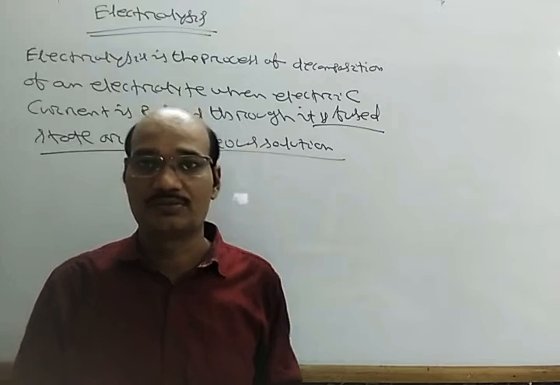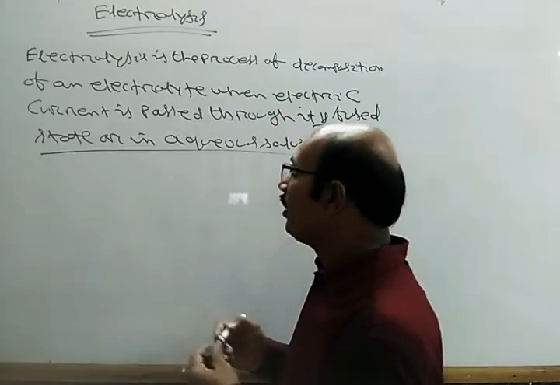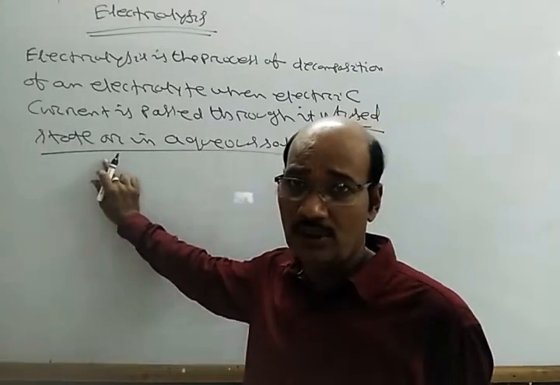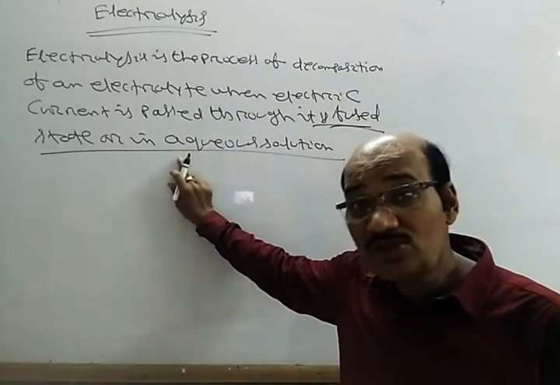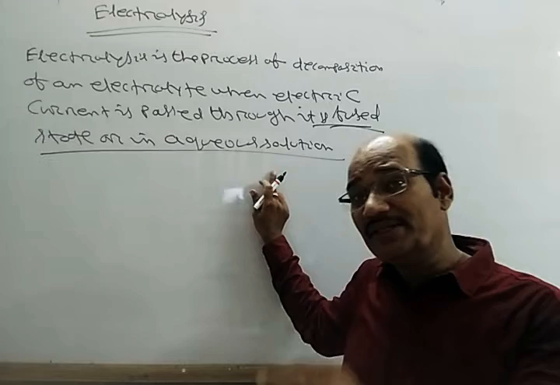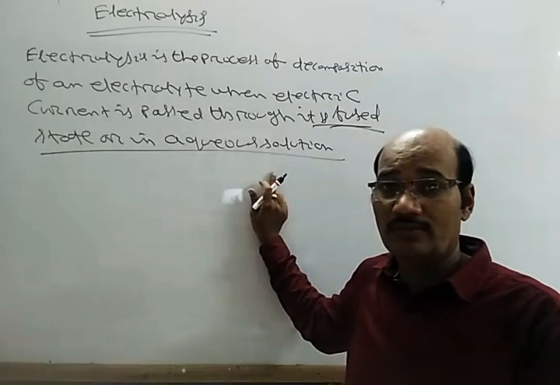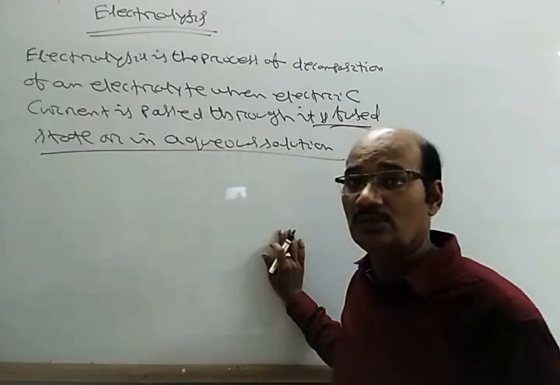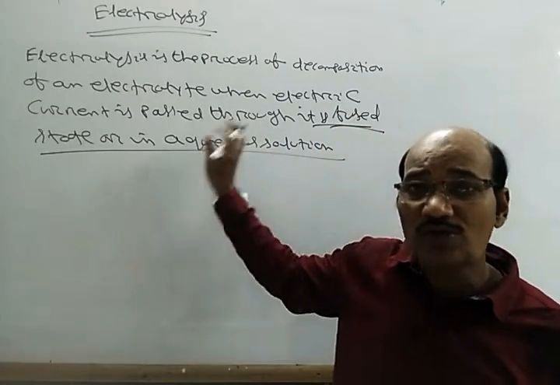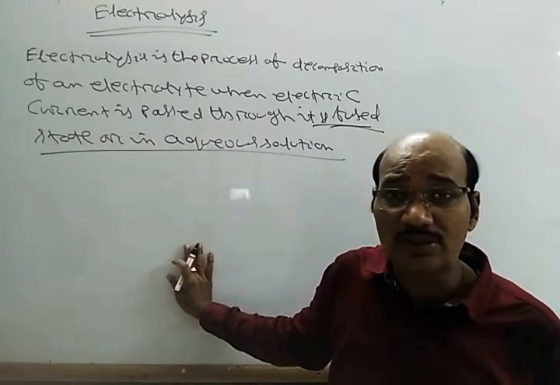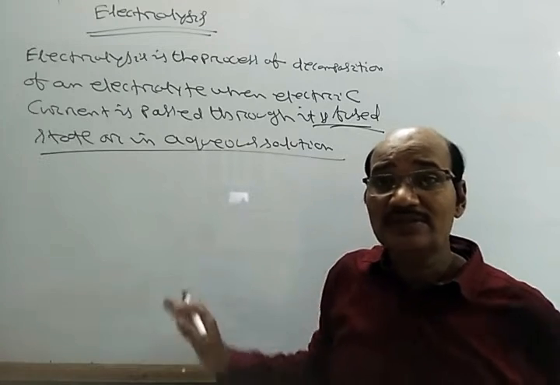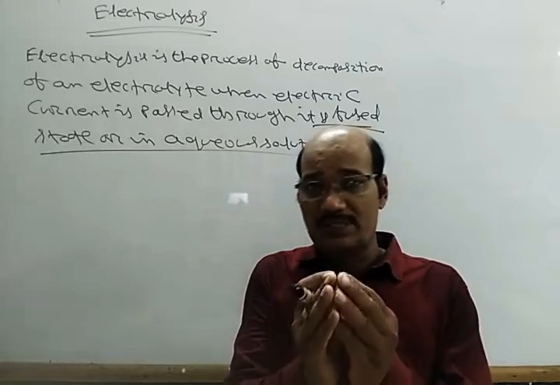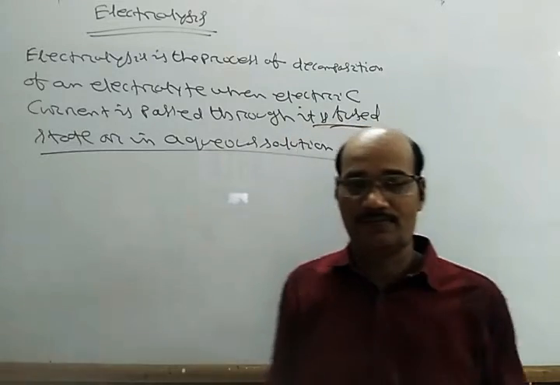That is called electrolysis. So already we have the fused state of the electrolyte, or we have the aqueous solutions of the electrolytes. That means they are already there in the ion state. Now when you apply the electric current to such fused or aqueous electrolytes, the ions will separate, dissociate, and will migrate.